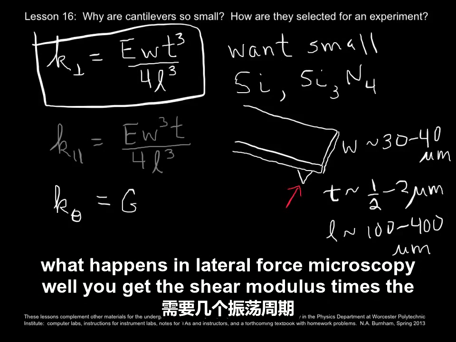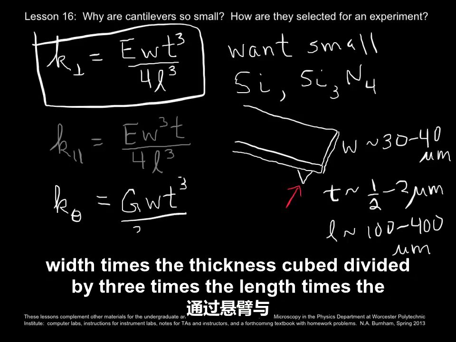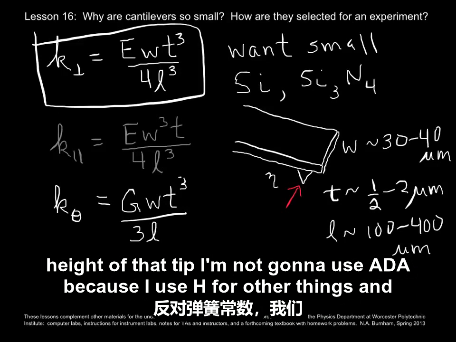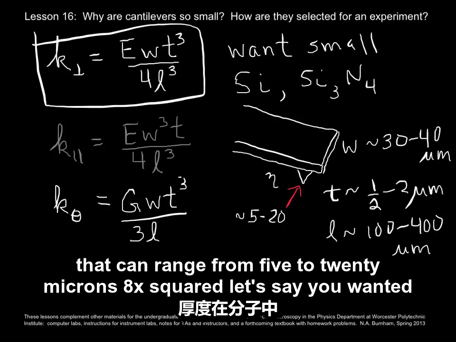Well, you get the shear modulus times the width times the thickness cubed, divided by 3 times the length times the height of that tip. I'm going to use eta because I use h for other things. And that can range from 5 to 20 microns. Eta squared.